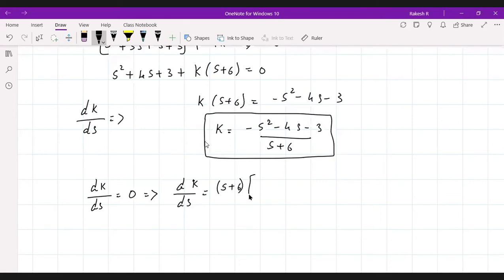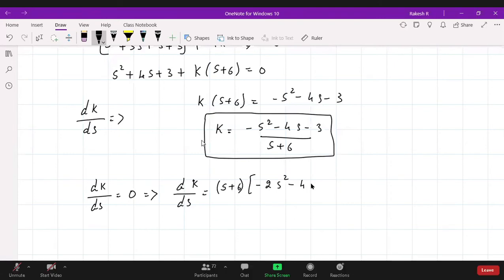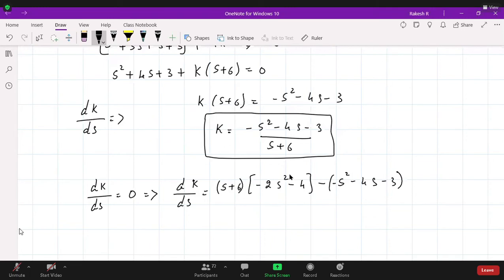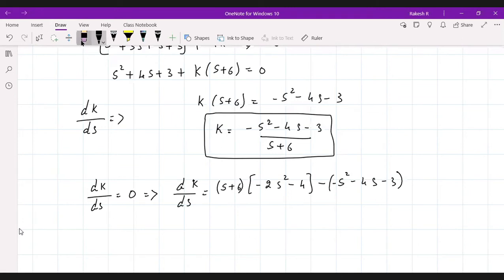The differentiation of numerator will be minus 2s minus 4, and the differentiation of a constant is 0. Then minus of minus s square minus 4s minus 3, into the differentiation of the denominator.